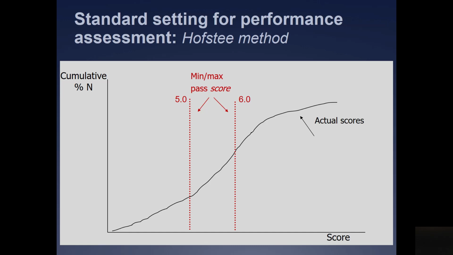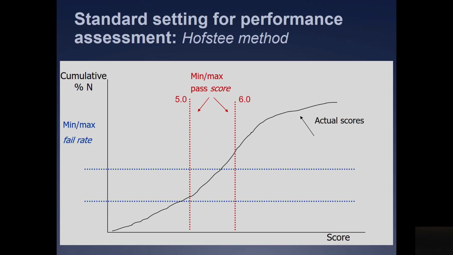Okay. That being said, then we have the minimum and max fail rate. This is a percentage. Okay, so now we're getting this intersection. The fail rate, let's say, is between 30 and 10%. This intersection here, we have that red line.